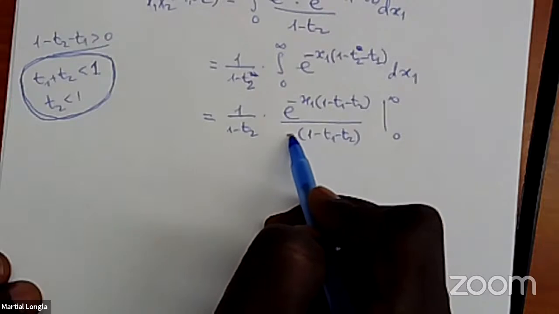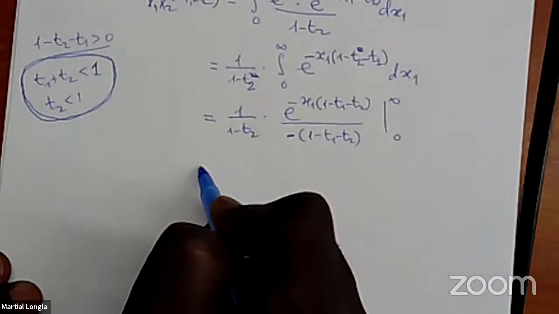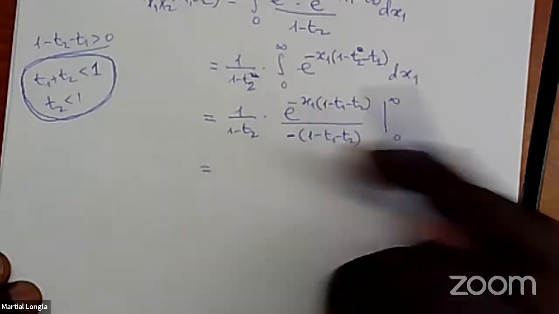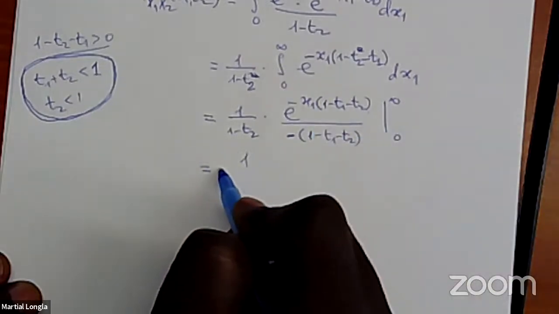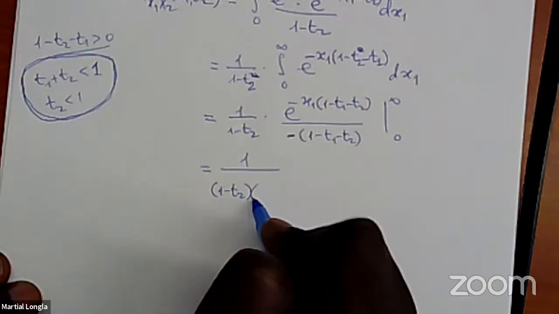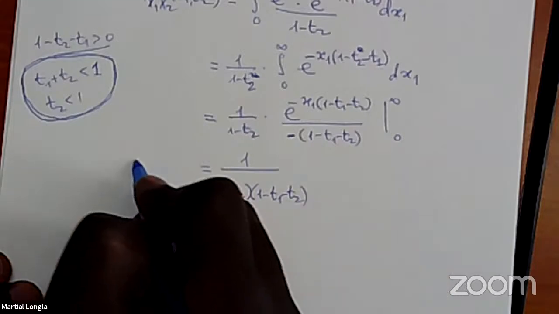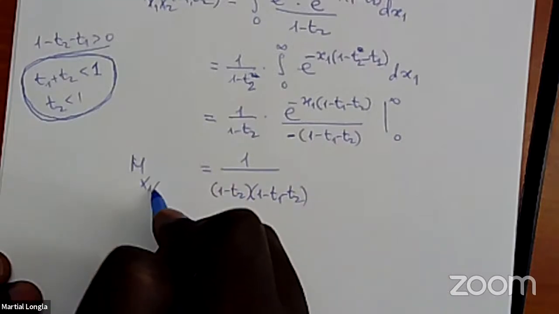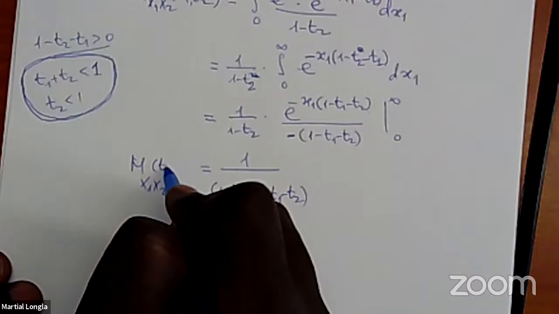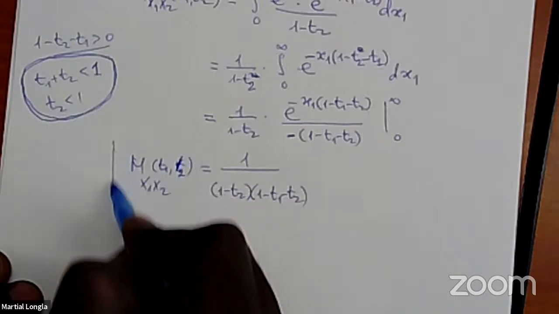Then minus, this minus cancels, and exponential 0 is 1. So you get 1 over (1 minus t2) times (1 minus t1 minus t2). So this is the moment generating function of (x1, x2).